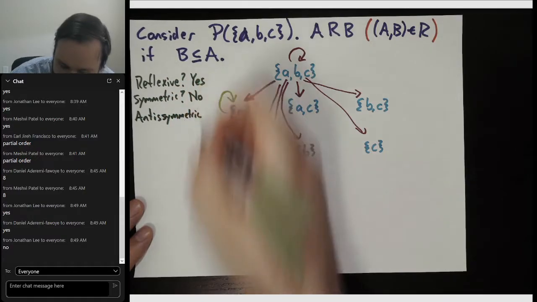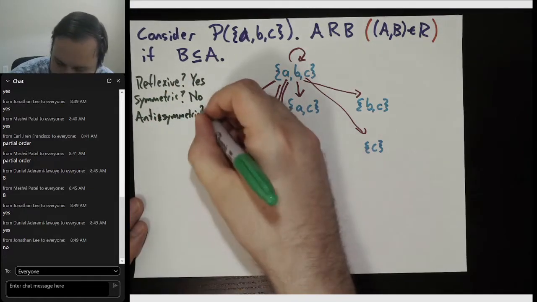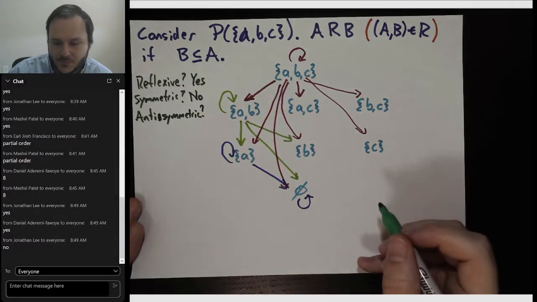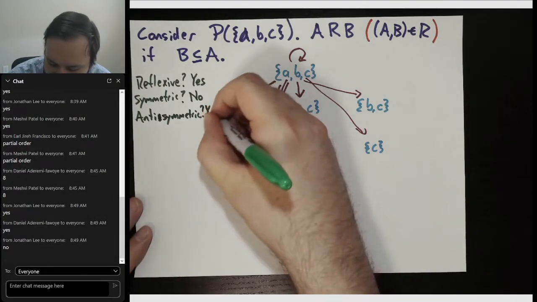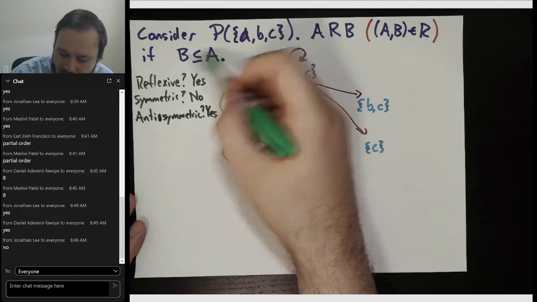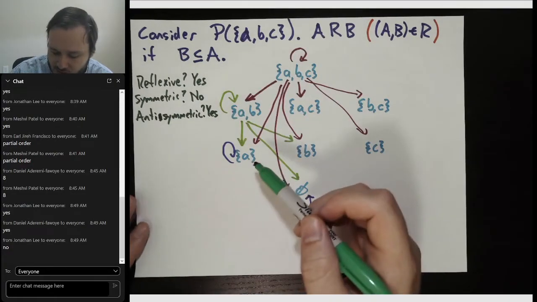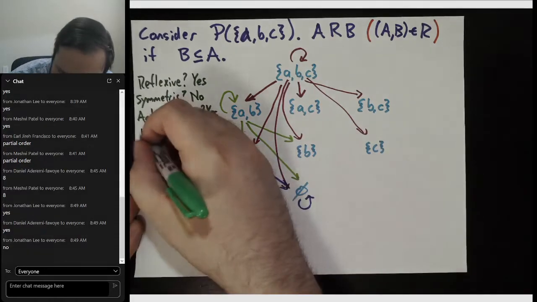I have no idea how to spell anti-symmetric. Probably not two S's. Probably just one S. And we do have anti-symmetry because for that very reason, if B is a subset of A, then A is not a subset of B unless they're equal. And do we have transitive?